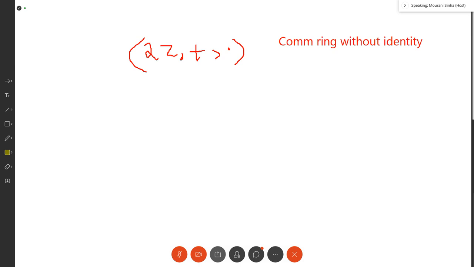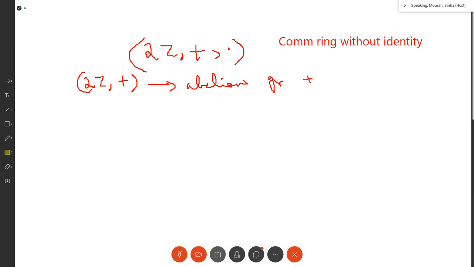Okay, so first we start with that 2z plus is an abelian group under addition. This is the first proof I have to go about with.